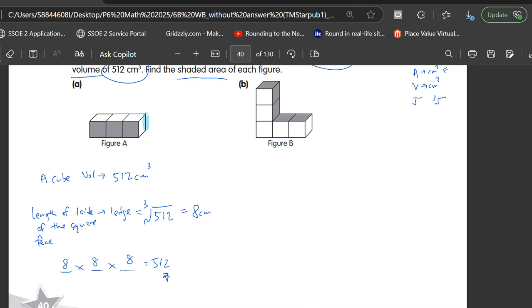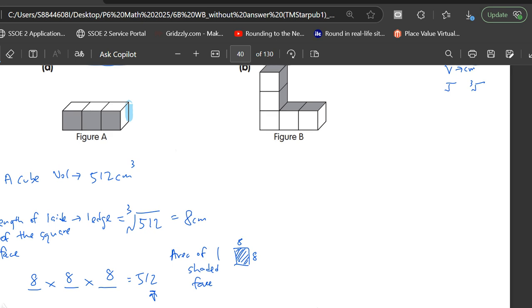So what is the area of one square face? We are talking about one square face. What will be the area? What's the area of one square shaded face? So this one.